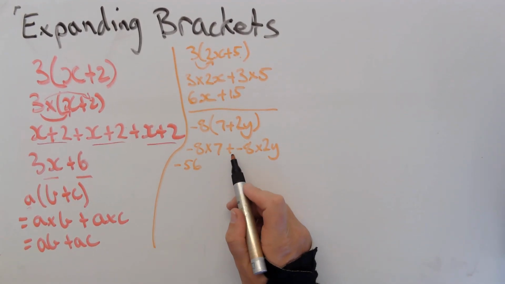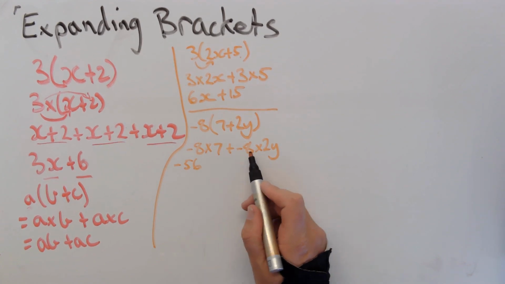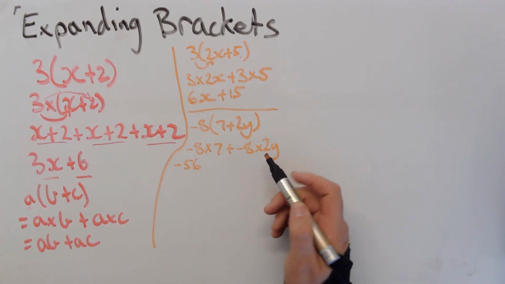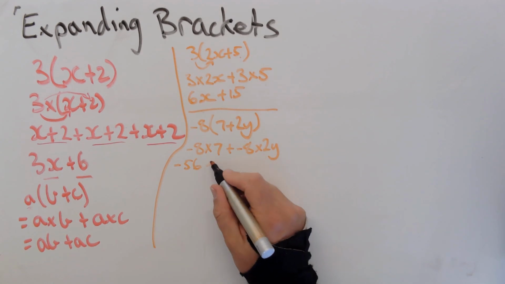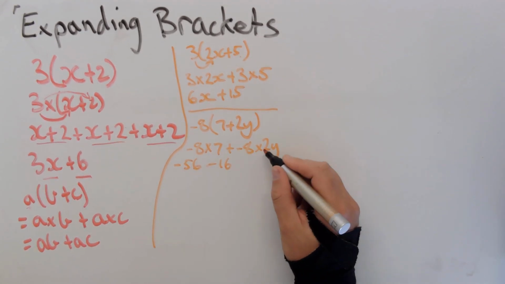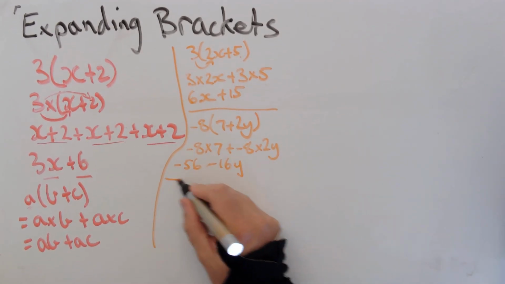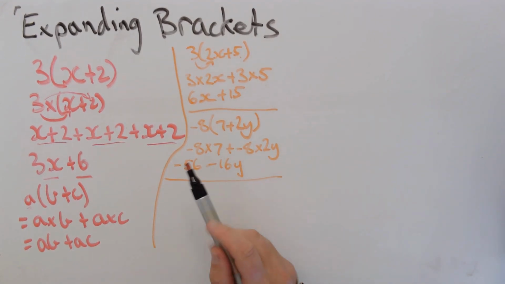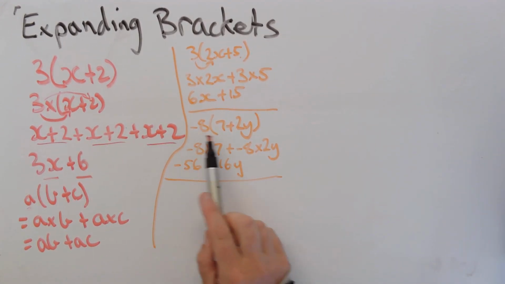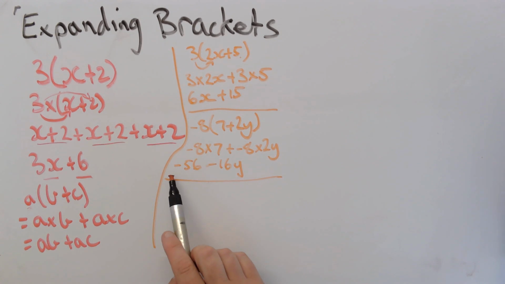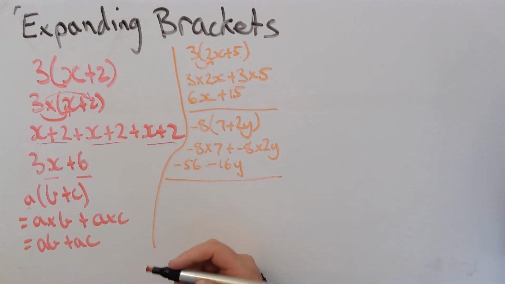Then I've got plus negative 8 times 2. A negative times a positive gives us a negative, so I'm going to end up with negative 16y. So it simplifies to negative 56 take 16y.